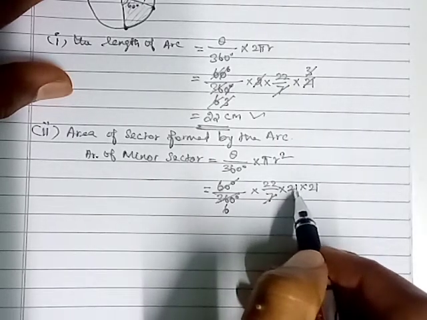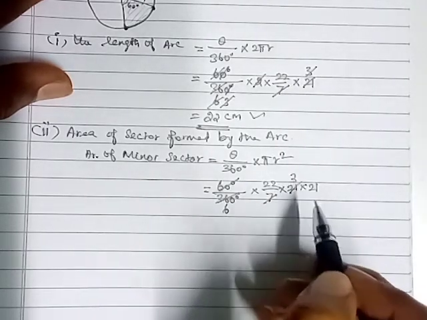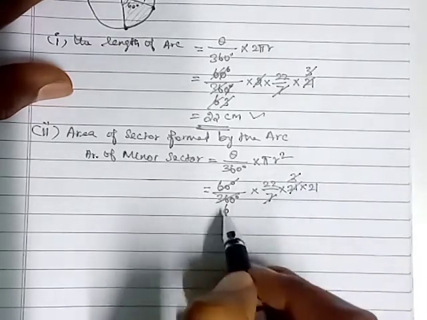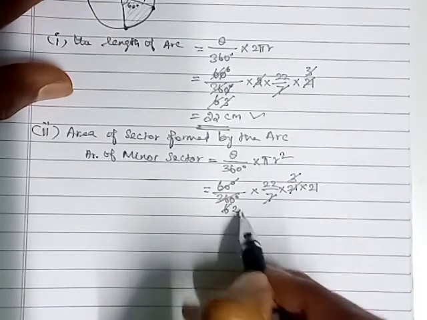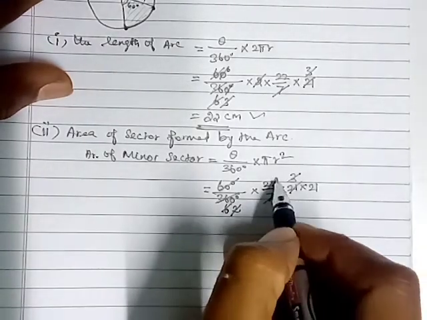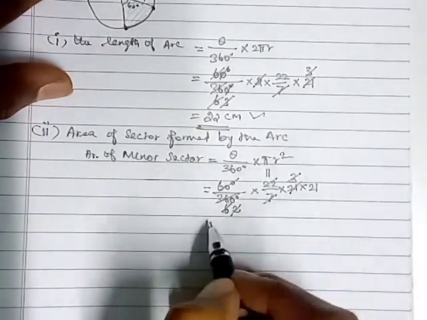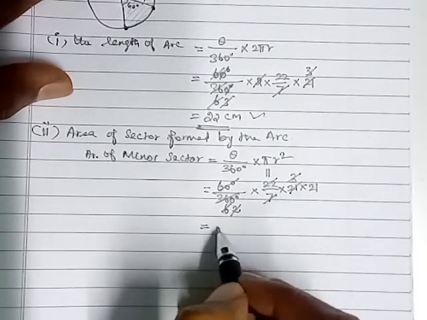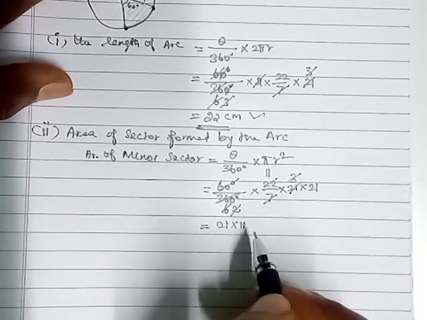We have 3 7s in 21. Again you can cut down 3 and 6. 2 3s are 6. Again you can cut this and 22. Here it is 11. So the answer is 21 into 11.